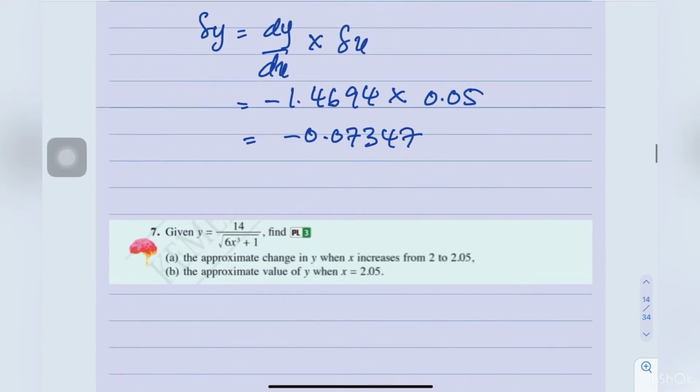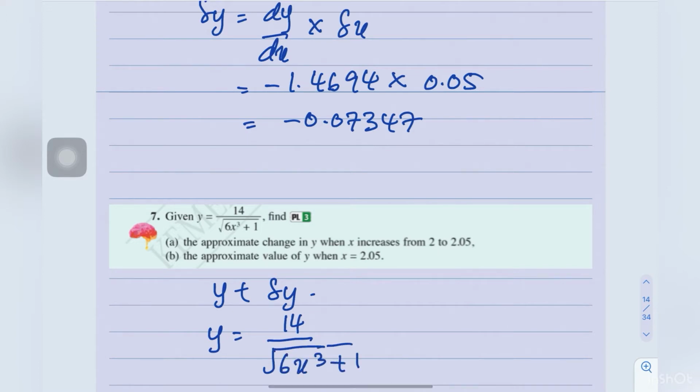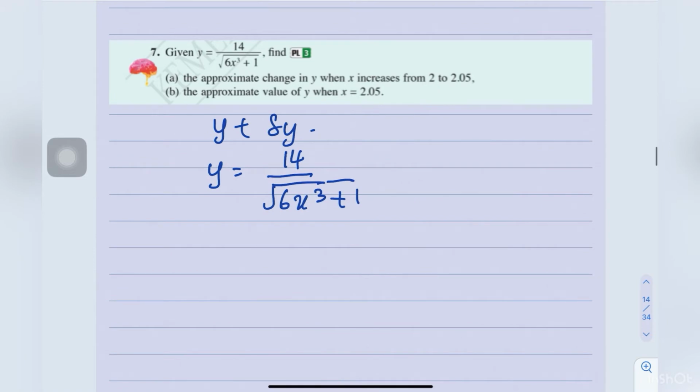Next, question B, find the approximate value of y. The approximate value of y means y plus delta y, so you have to find the value of y. Y from the question is 14 over the square root of 6x cubed plus 1, and we substitute x equals the initial value, 2. Here it is 14 over the square root of 6 times 2 cubed plus 1. 2 cubed is 8 times 6, 48, plus 1, 49.